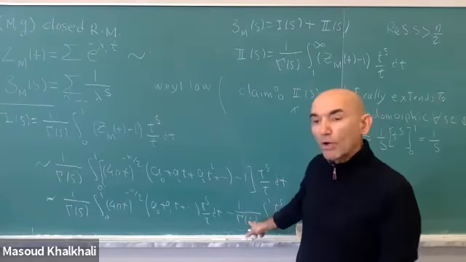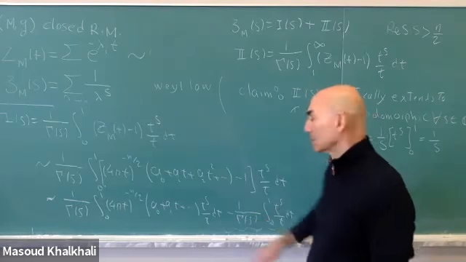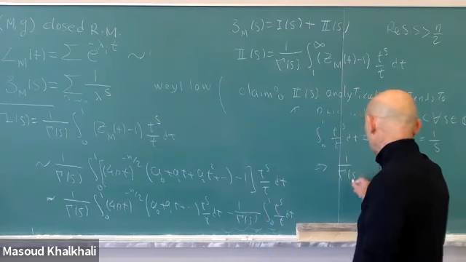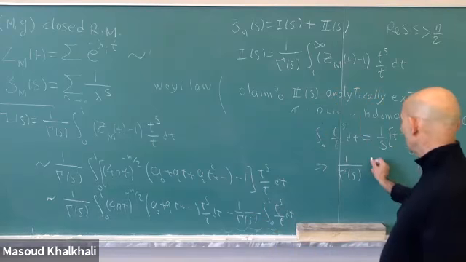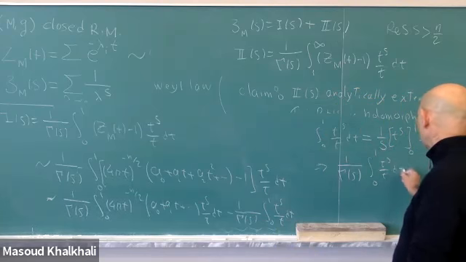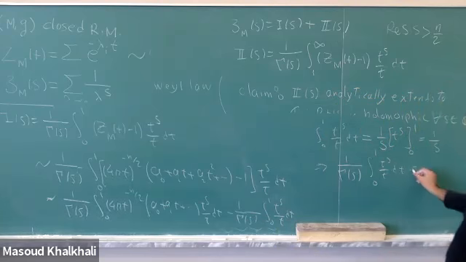However, there is 1 over gamma s. So it follows that 1 over gamma s, integral from 0 to 1, t to the s over t dt is equal to 1 over s gamma s.